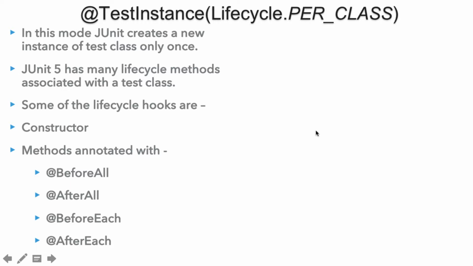So friends, we'll see the execution flow of a test class, and what role these lifecycle hooks play. Whenever we run our test class by annotating it with @TestInstance lifecycle per class, the first thing JUnit does is create a new instance of the test class by calling the constructor.